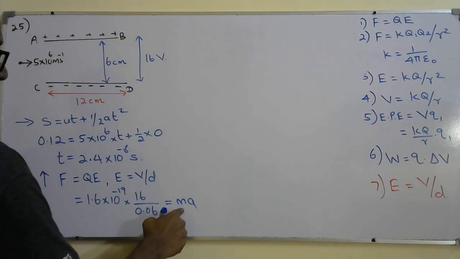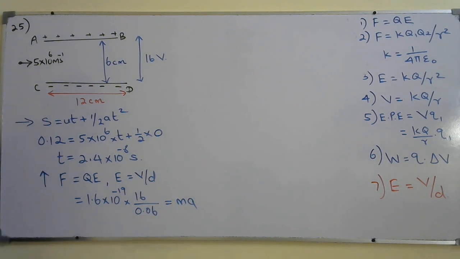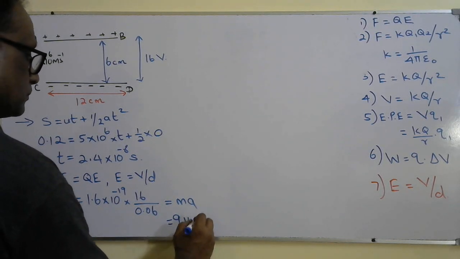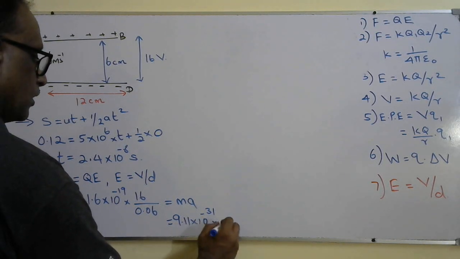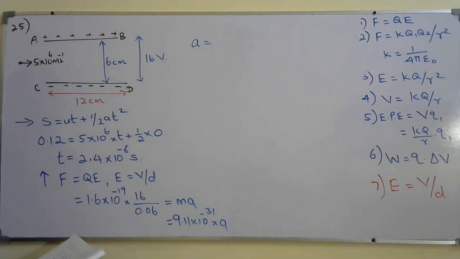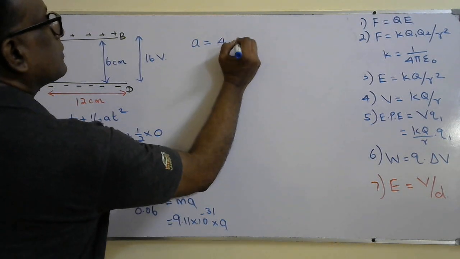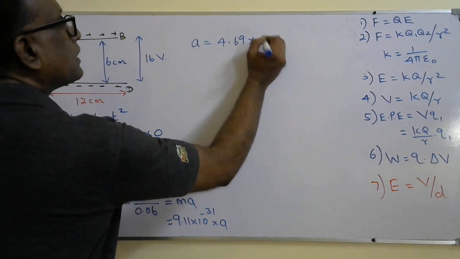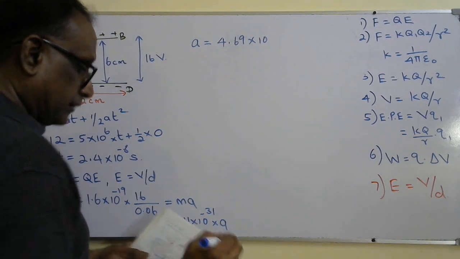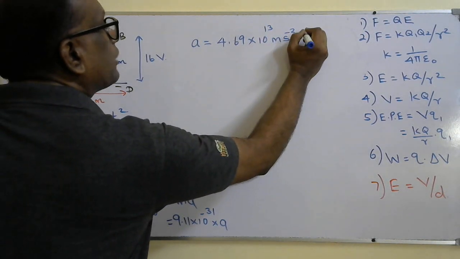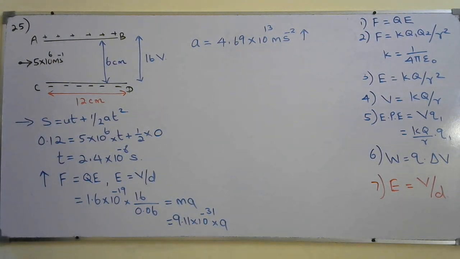The mass is 9.11 × 10^-31 kilograms. Find the acceleration: the acceleration is going to be 4.69 × 10^13 meters per second squared towards the positive plate.